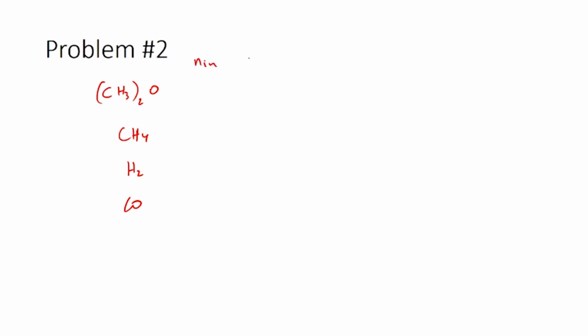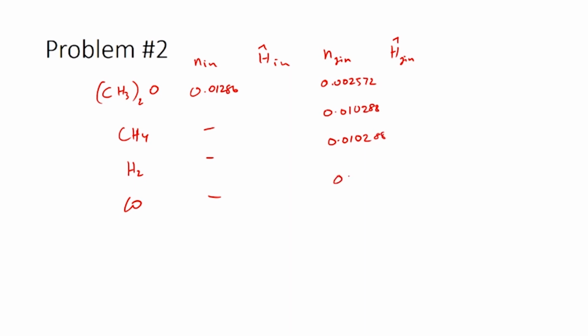We will have to fill in N initial, H cap initial, N final and H cap final, and from here we would have 0.01286 and zeros here with 0.002572, 0.010288, 0.010288, 0.010288. So, enthalpy would be minus 118, minus 118, minus 45.39, 16.81, minus 92.95, and with this the enthalpy table is complete.